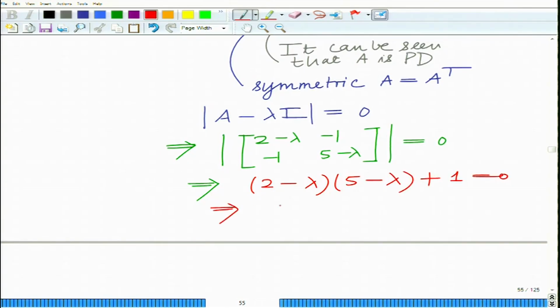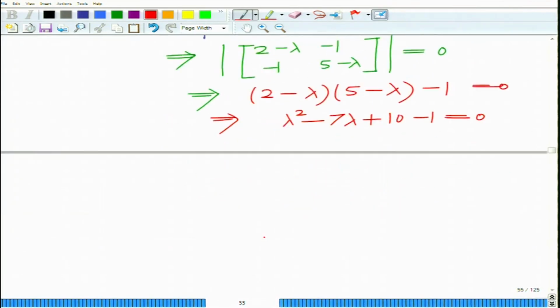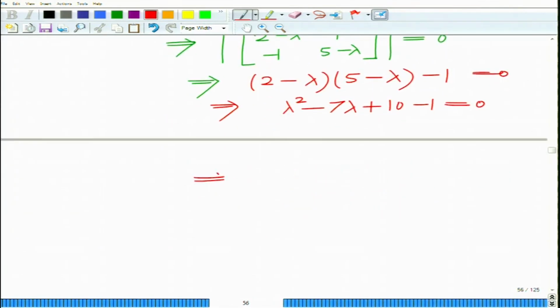Now if you simplify this, lambda square minus 7 lambda plus 10 minus 1 equal to 0, which implies lambda square minus 7 lambda plus 9 equal to 0.